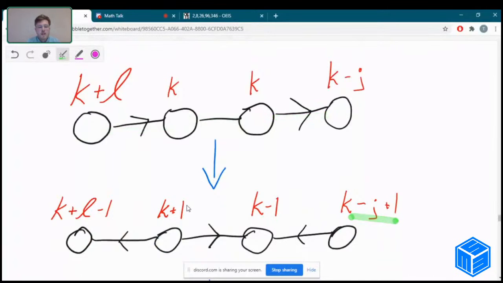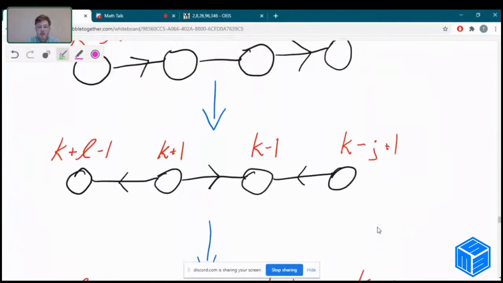The problem is, I know that in order for my K plus L minus 1 to get back to K plus L, well, it's going to have to receive a chip. And I know that for my K minus J plus 1 to get back to K minus J, it's going to have to lose a chip.